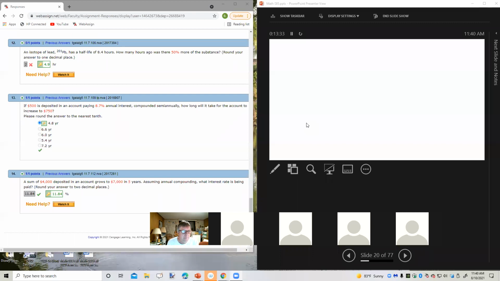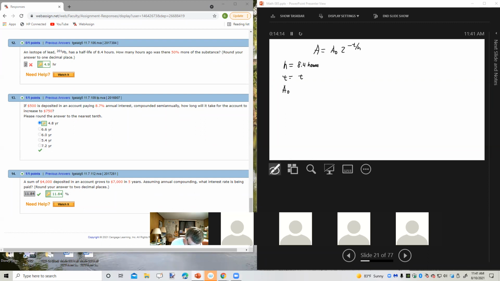All right. An isotope of lead, which is 201 subscript Pb, has a half-life of 8.4 hours. How many hours ago was there 50% more of the substance? So this is that tricky thing where we're going into the past. So we're going to use the formula A equals A sub 0, 2 to the negative T over H. We know the half-life is 8.4 hours. How many hours ago, that's the unknown, was there 50% more of the substance?